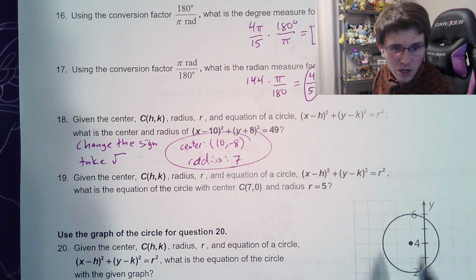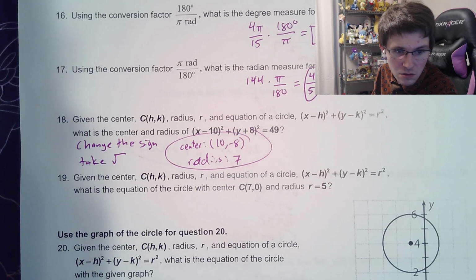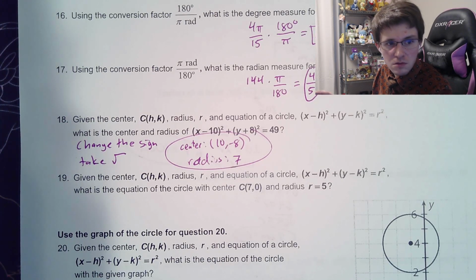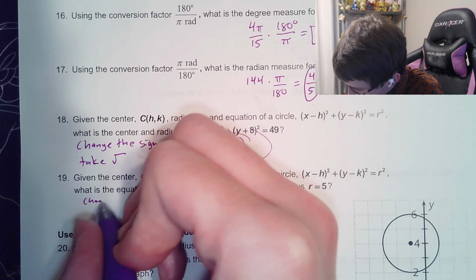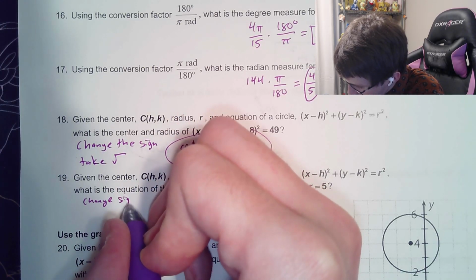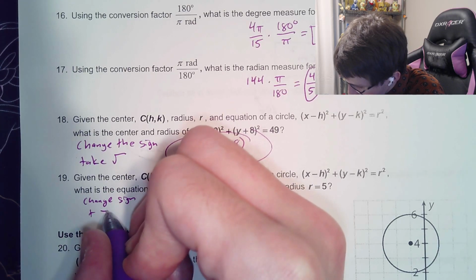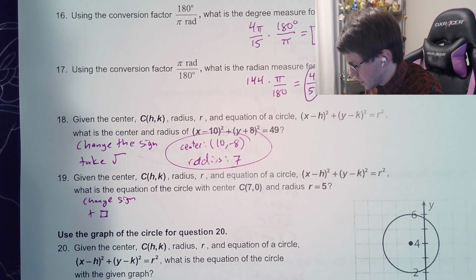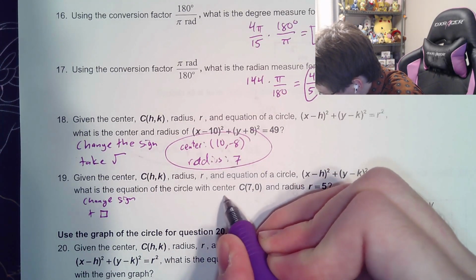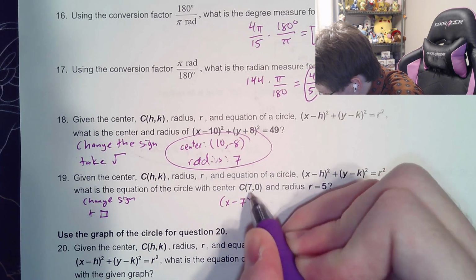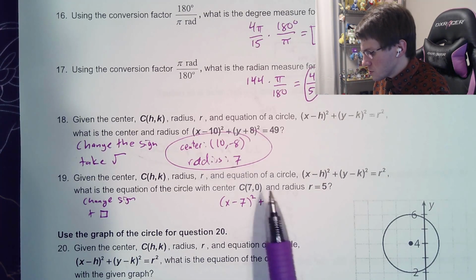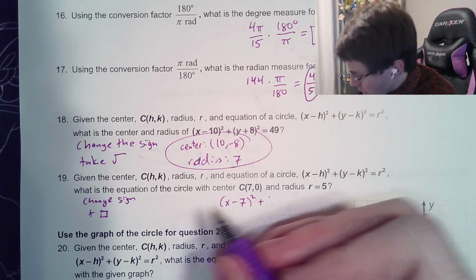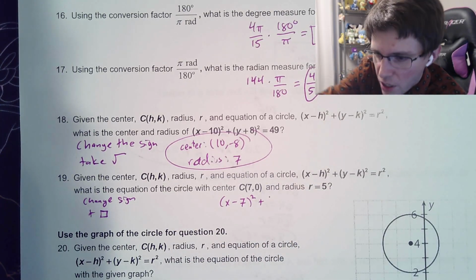And on this one, we already had the square root. So this one is change the sign and square. Okay, so what do we got? We got x minus 7. So again, that positive 7 becomes a negative 7, plus. Now, because there's a 0 here, I'm going to go a different color for a second.